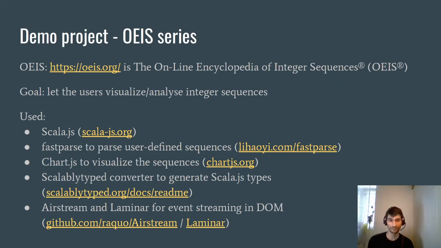I used Chart.js to visualize the sequences and used ScalablyTyped converter to generate the Scala.js types for Chart.js. And I used Airstream and Laminar for event streaming, and that made it quite nice. To be honest, I expected more problems, but it was not bad.